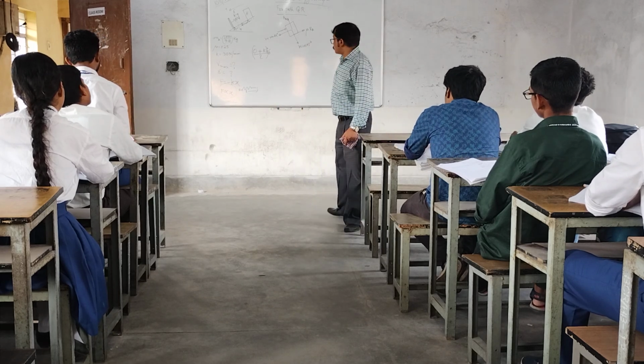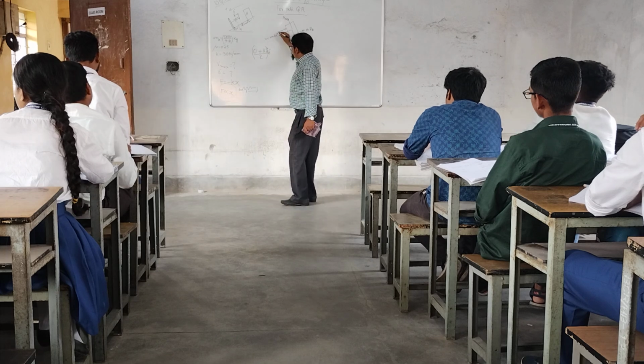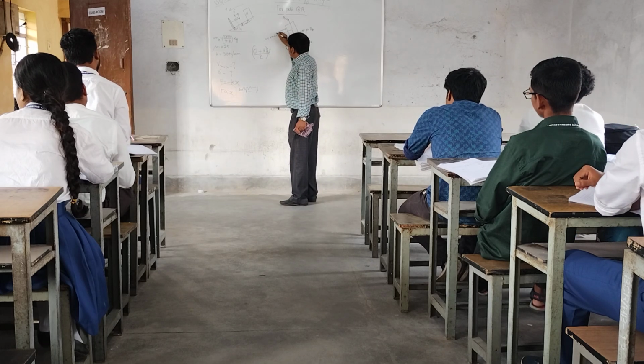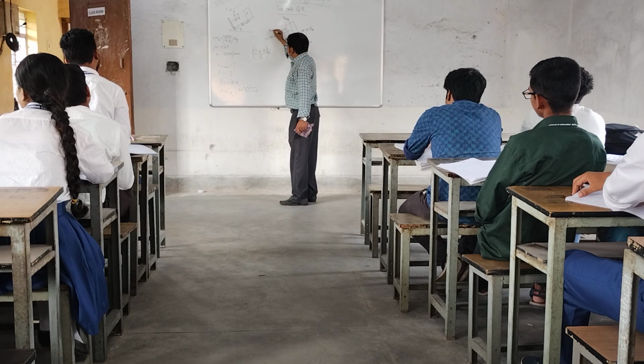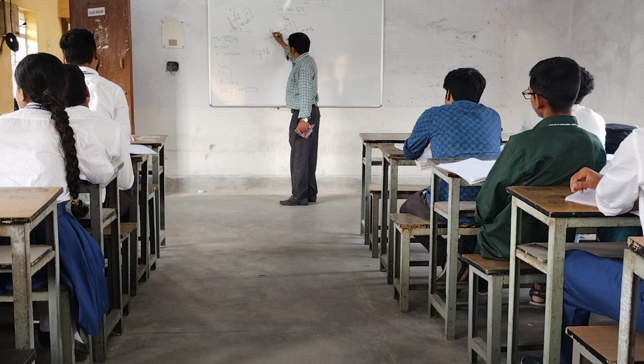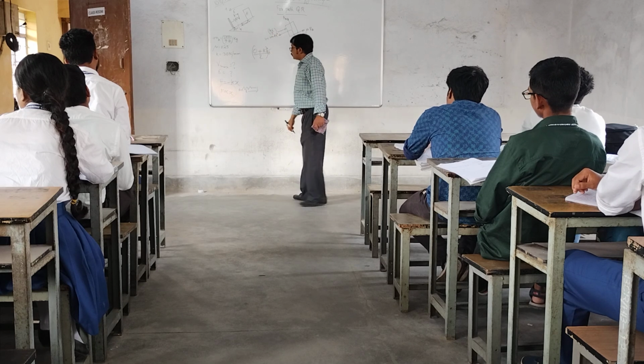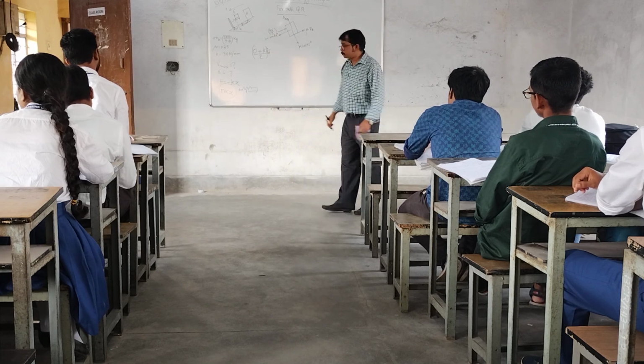So the work done by the spring is k delta square by 2.